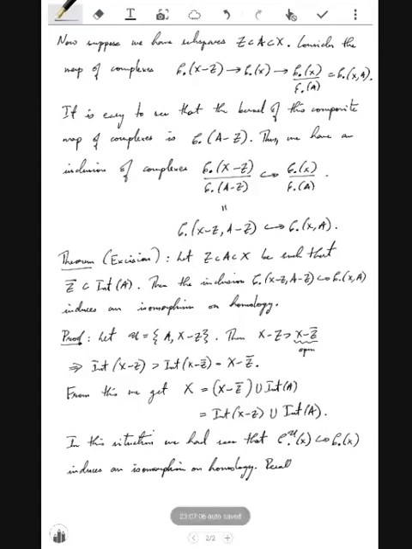Recall that C.U is the image of the map of complexes.